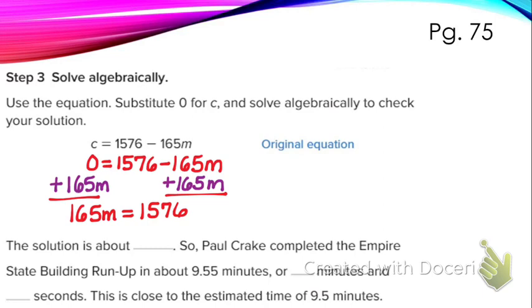All right, now what? How do we solve for M? Divide both sides by what? By who? What am I dividing by? Dividing by 165. You guys are talking so low.